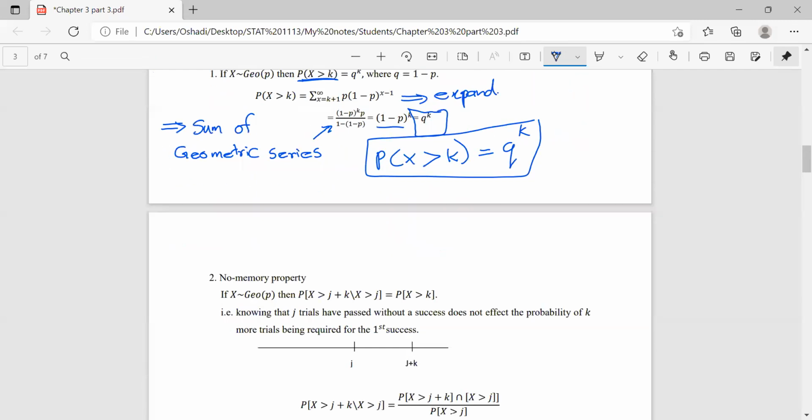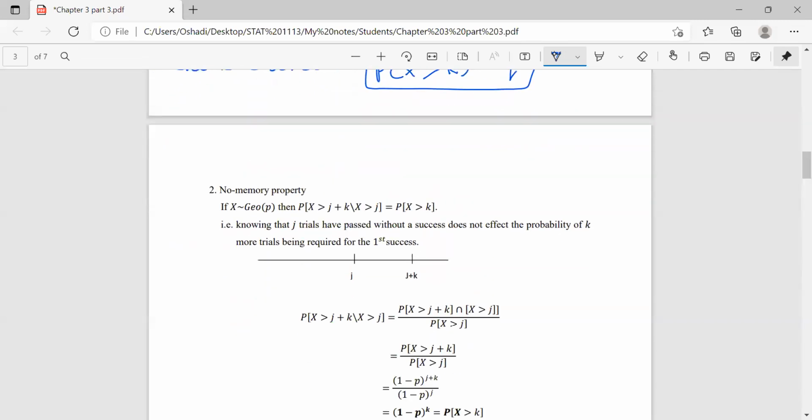Then the second result is the no memory property. So what is the no memory property?